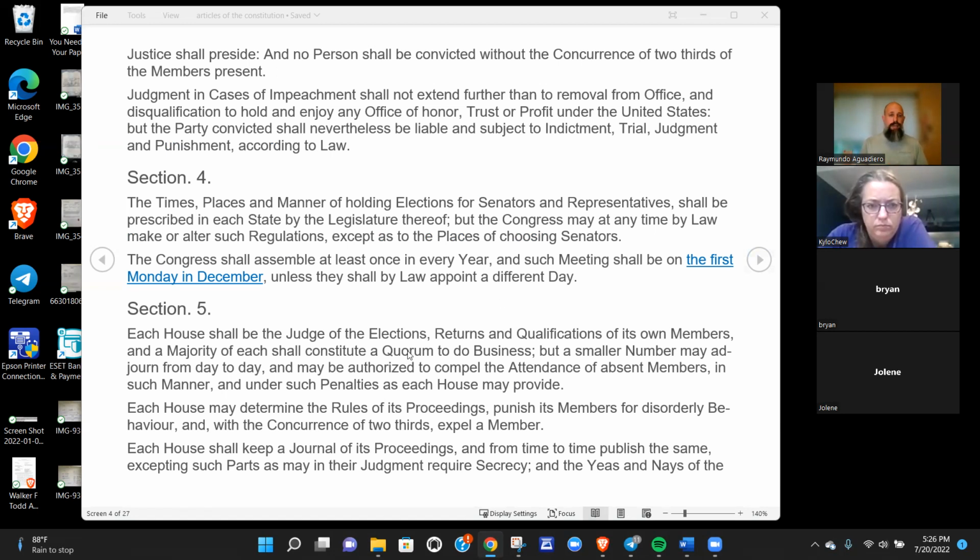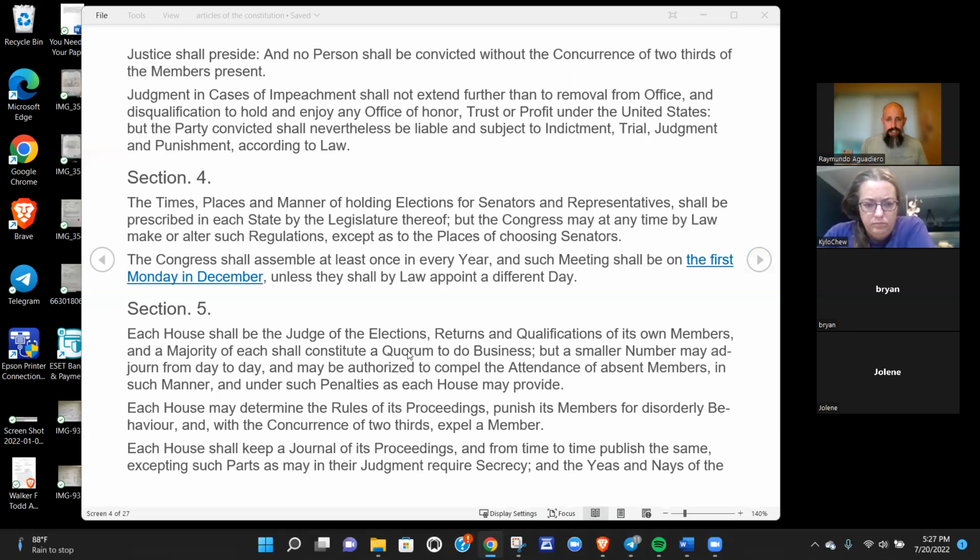Section 5. Each house shall be the judge of the elections, returns and qualifications of its own members, and a majority of each shall constitute a quorum to do business. But a smaller number may adjourn from day to day and may be authorized to compel the attendance of absent members in such manner and under such penalties as each house may provide.